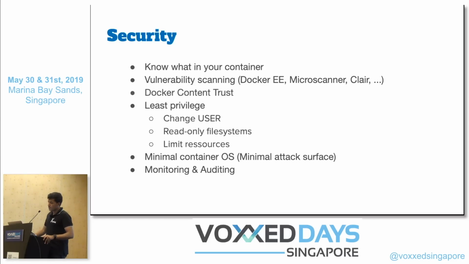Another important principle in security and software engineering in general, and especially in containers, is the least privilege principle. In the context of containers, that means we need to make sure that each container and process is running with the minimum set of access rights and resources needed to perform its function.